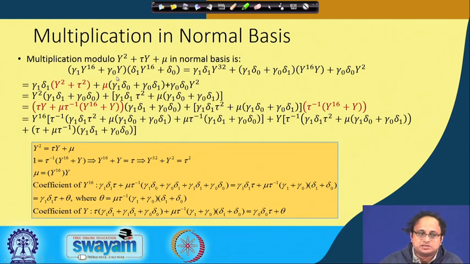In the polynomial basis, my basis was x comma 1, so I had expressed it using the indeterminate x and 1. Here I have to express it using y power of 16 and y, and therefore the two components are again gamma 1 and gamma 0, where gamma 1 and gamma 0 both belong to GF2 power of 4.